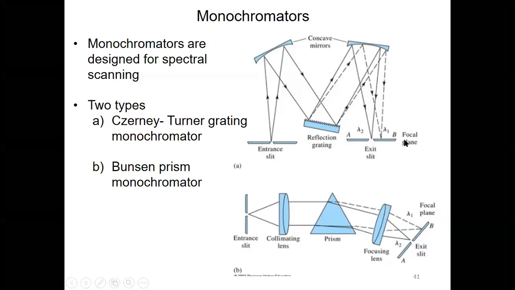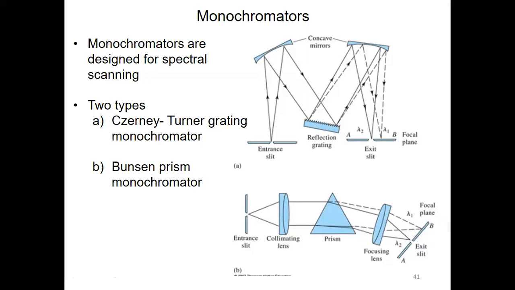And here, when we do the wavelength scan, we can change the position or angle of the exit slit. By changing the position or angle of the exit slit, we can choose different wavelengths.